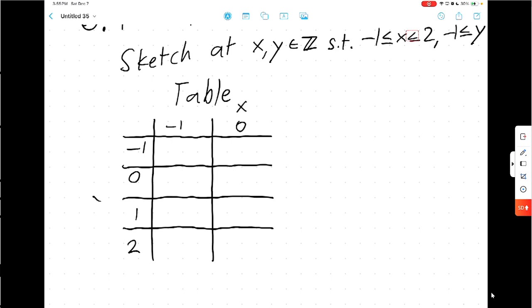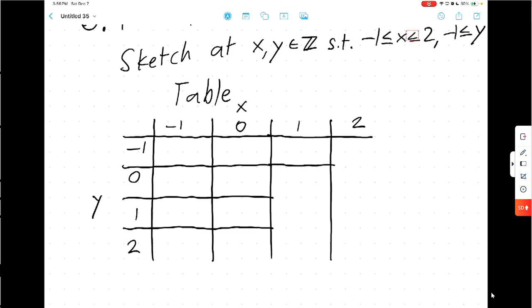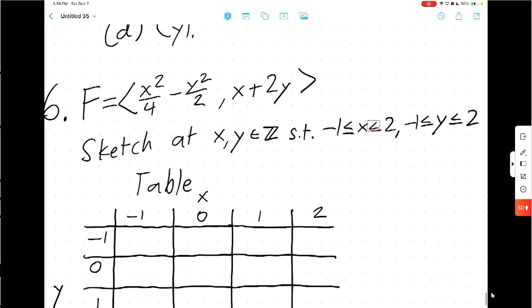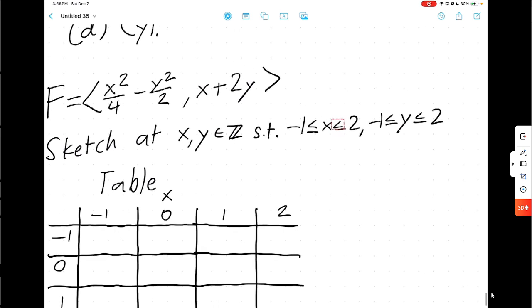This is going to be x, and this is going to be y. 1 and 2. Okay. So we're going to do the easiest ones first, aka when x is equal to 0 and when y is equal to 0.